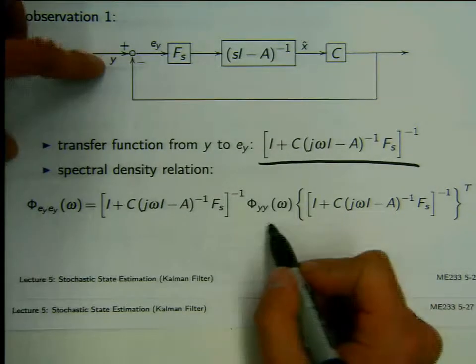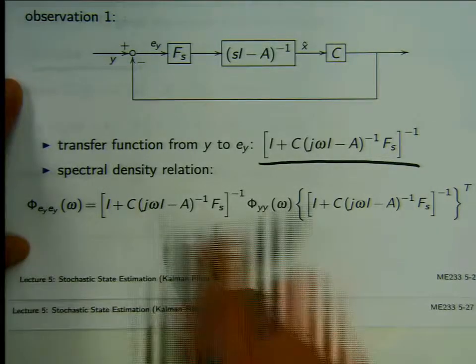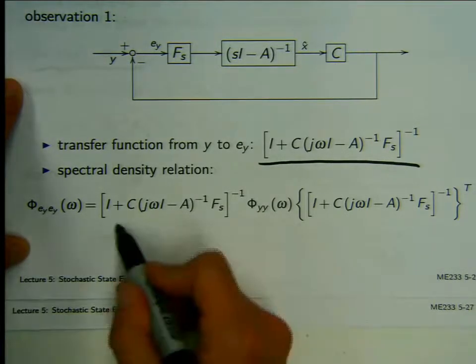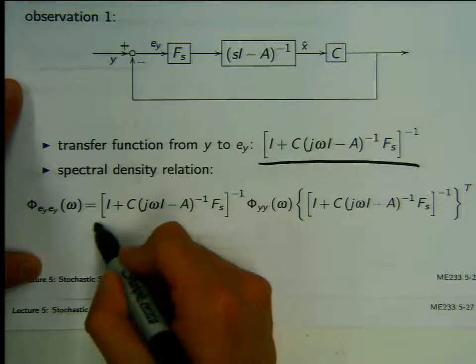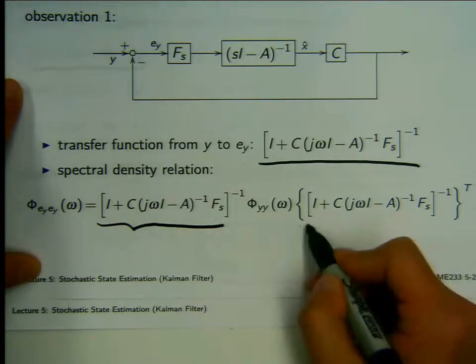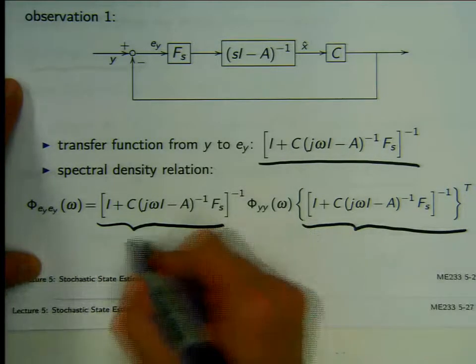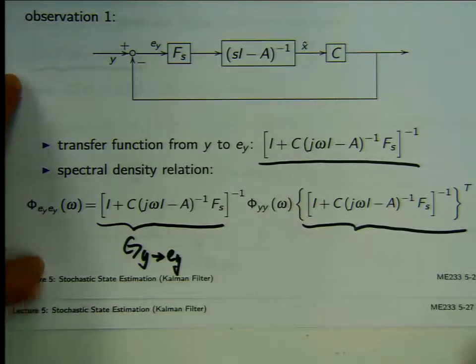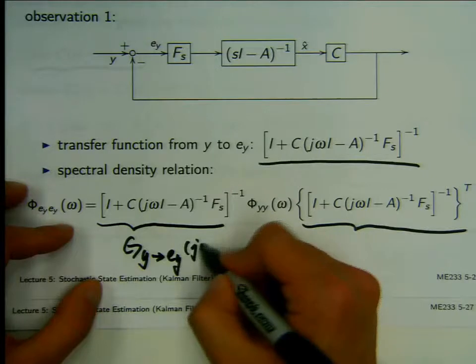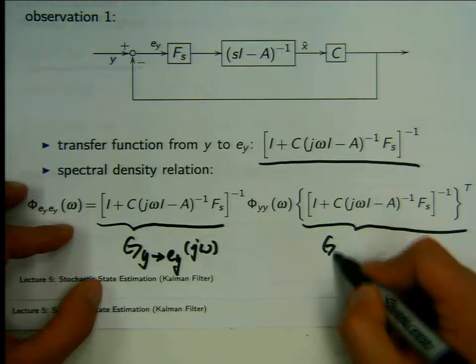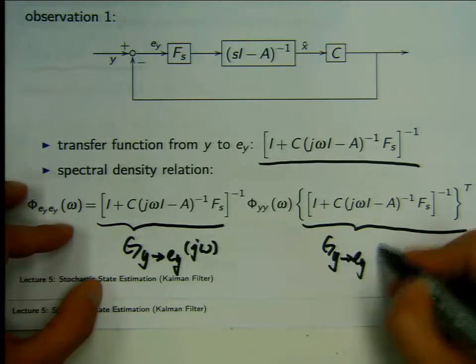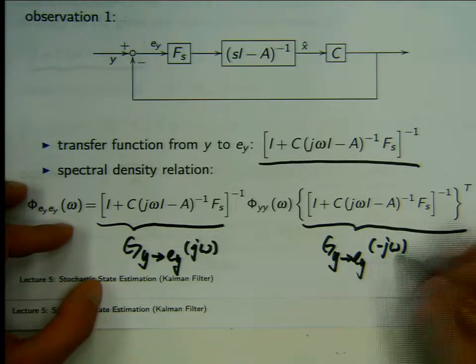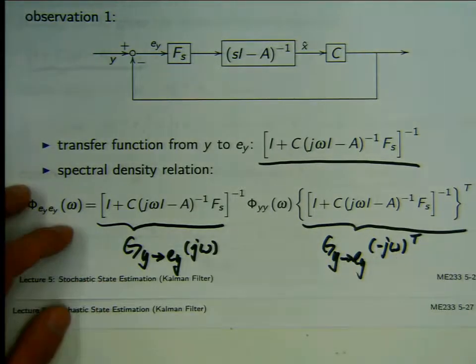So if you know the spectral density of y, then the spectral density of ey can be very simply obtained by this result here. This is G y to E y, j omega. This is a G y to E y, negative j omega, and then transpose. All right.